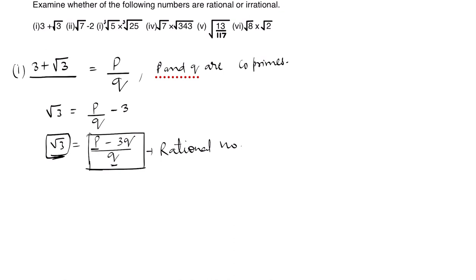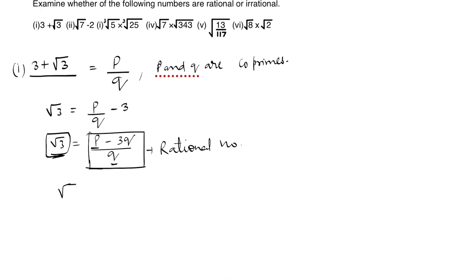Okay. Now we know that root 3 is irrational. Since root 3 is irrational, this contradiction arises because we have assumed 3 plus root 3 is a rational number. So this contradiction has arisen because of our incorrect assumption.